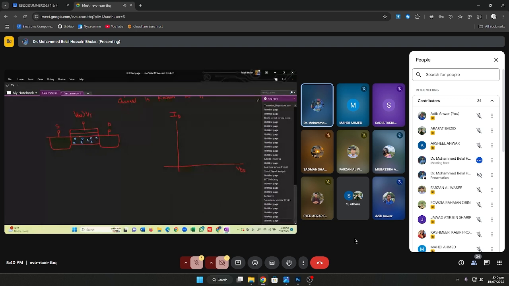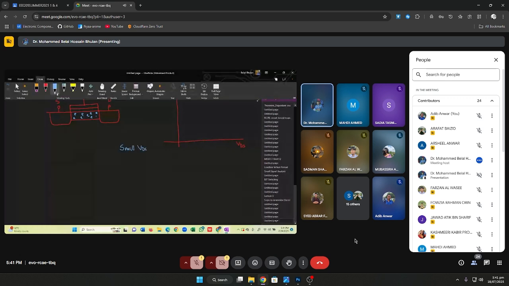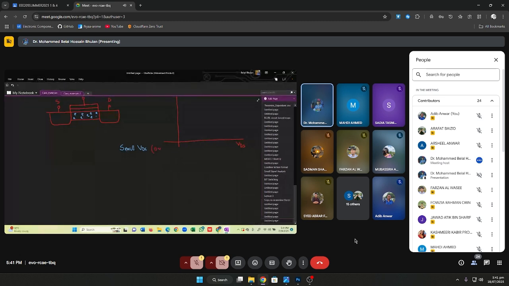Accumulate. Now, first of all, we consider the drain voltage VDS is small. Let's say VDS is 0 to 300 millivolt.